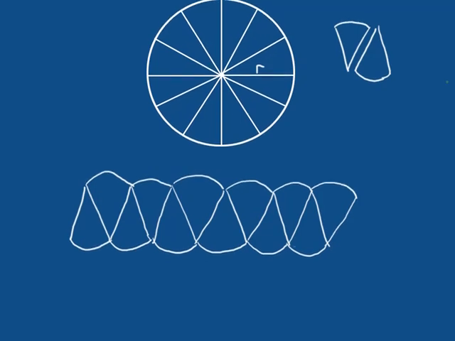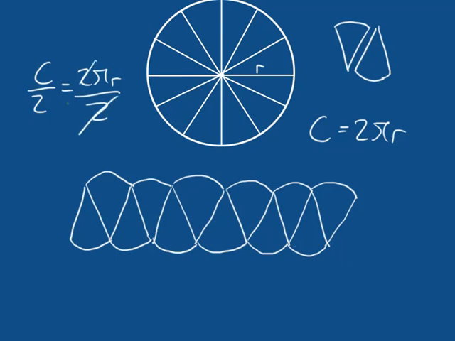And so we know if the full circumference is equal to 2 pi r, well, this is half of our circumference. So C over 2 is equal to 2 pi r over 2, which means that this distance is approximately equal to pi r.